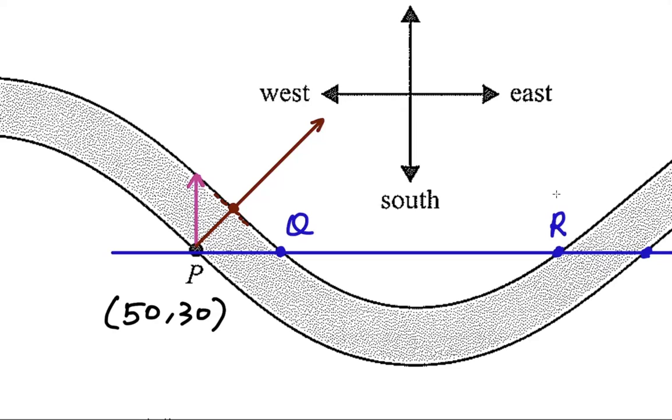So why don't we just say this point has coordinate x, f1 of x. Let's say this point is T, okay?